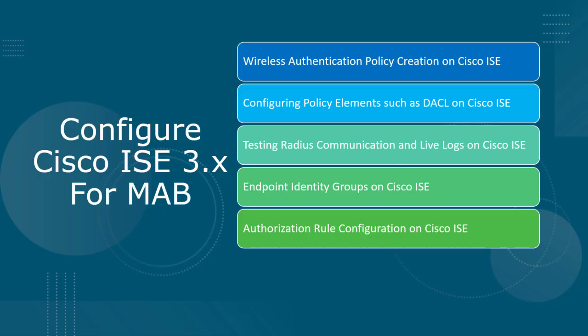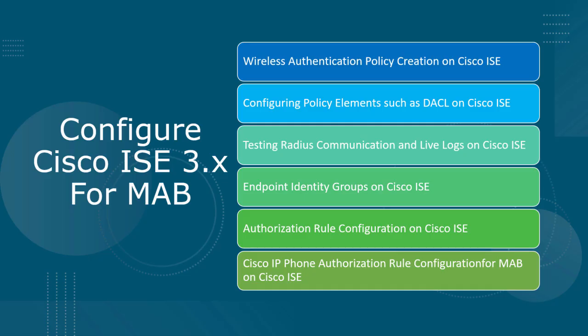After completing the authentication and authorization, you will deal with the Cisco IP phone authorization rule configuration for MAB on Cisco ISE, and these all help you to understand actual MAB configuration and actual MAB policy sets, authentication and authorization rules, dealing with the endpoint groups, dealing with device groups, and how to add these devices. So this includes a lot of items, and you will have a lot to learn in this chapter.